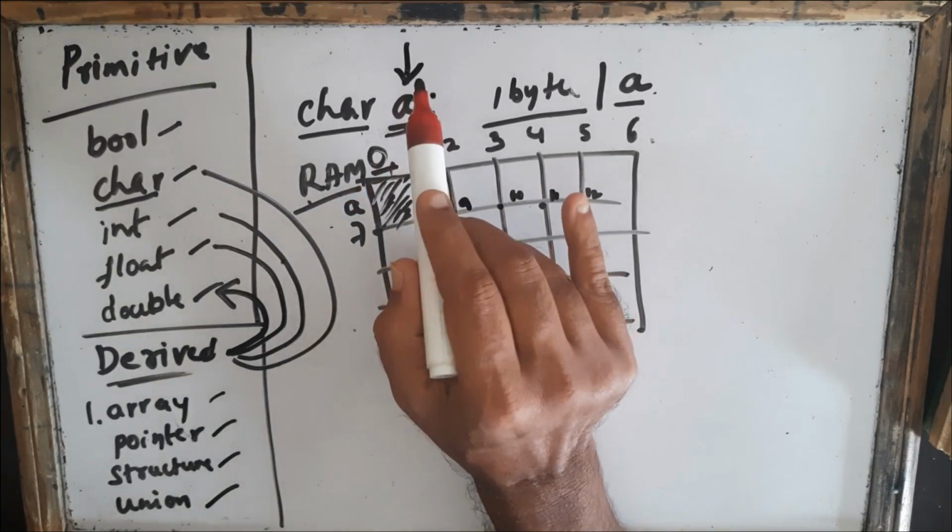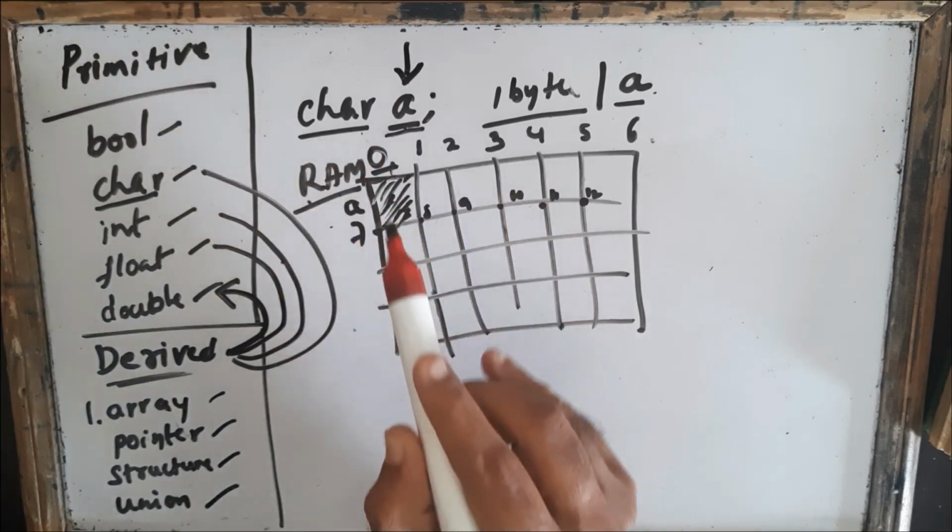So this is what the compiler will do whenever it comes across character A.